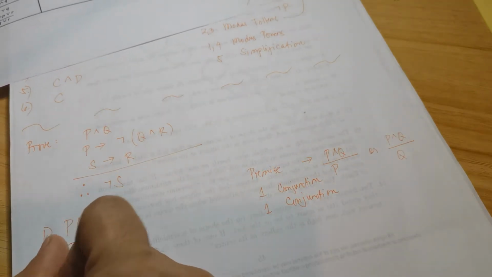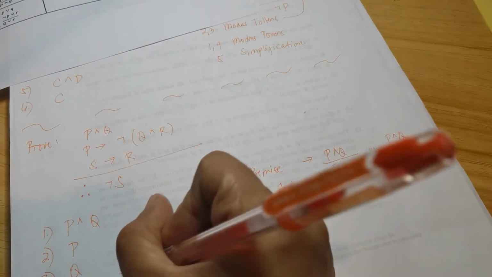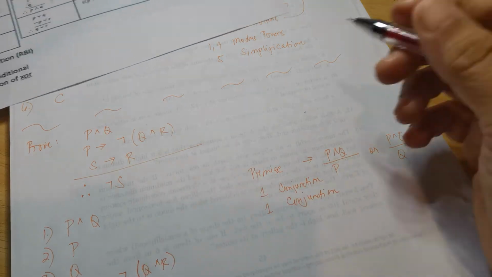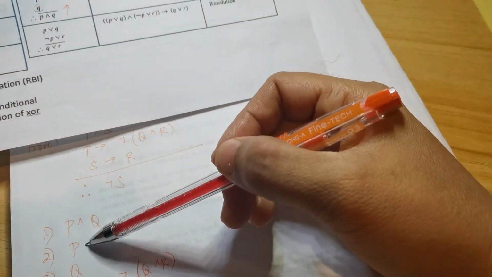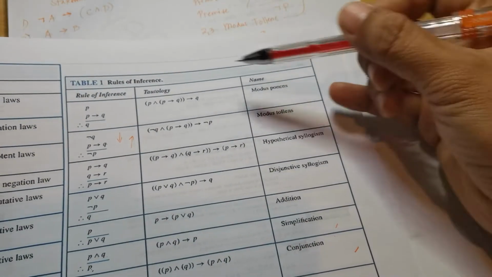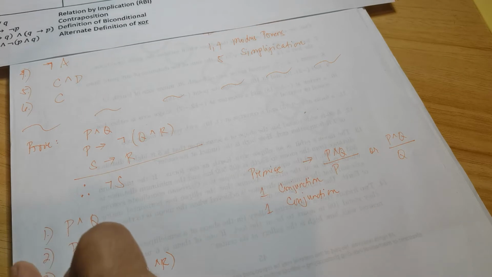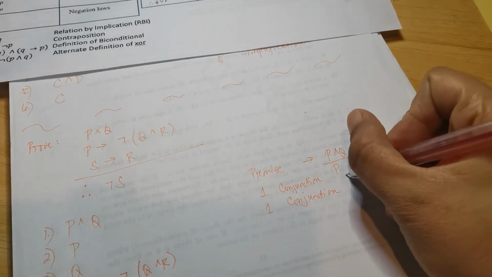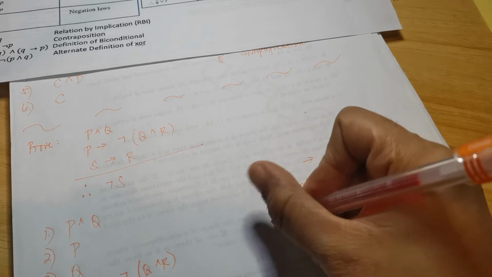So, we can proceed to our next premise. P implies both not Q and R. Ayan. So, implication na naman siya. So, nasaan kaya ang implication dito? At P yun, at meron tayong P doon. So, i-apply natin yung modus ponens dito sa number 2 at saka dito sa premise natin.